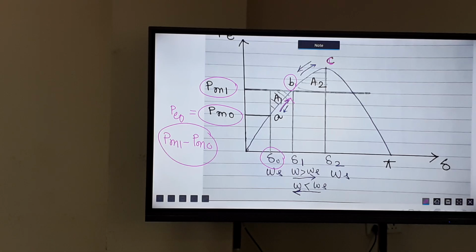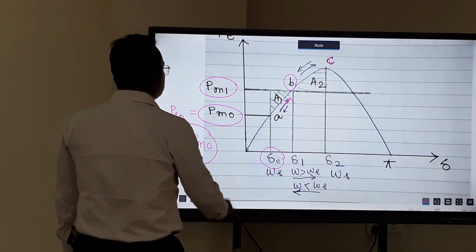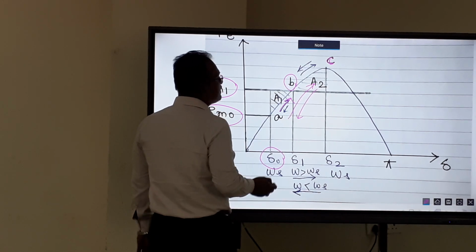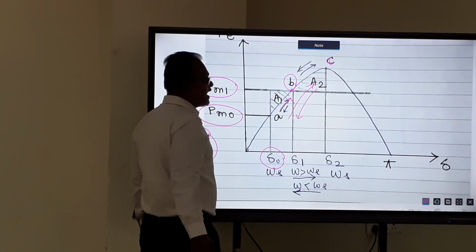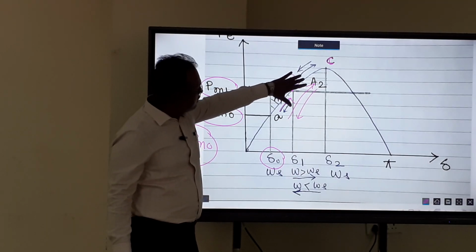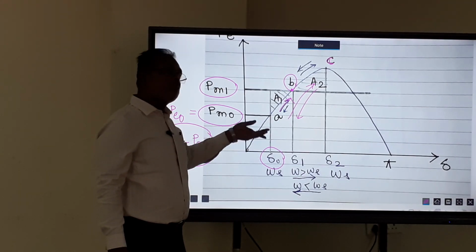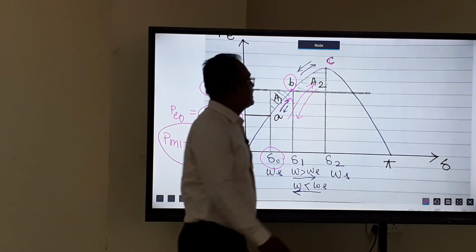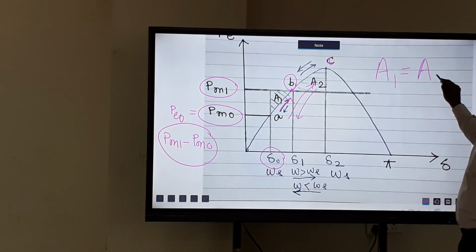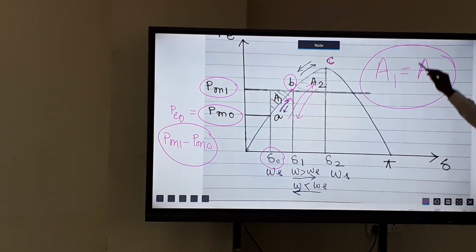So that means the generator will continue its acceleration and deceleration and finally settle down here. But according to the equal area criterion, the total area under this curve must be equal to 0, which boils down to saying that the accelerating area must be equal to the decelerating area.